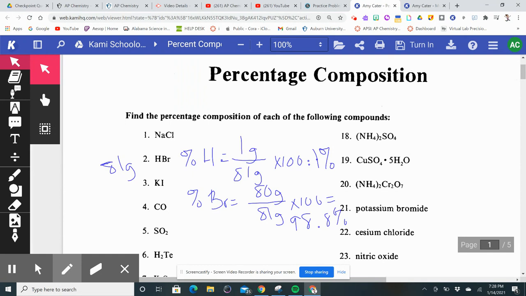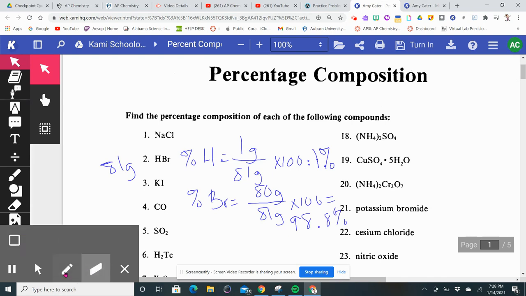Okay, and obviously both of those, when you add them back together, they should add up to close to, if not 100. They should not be over 100. And this is going to be a little bit under 100 because I rounded that to 1. It actually was like 1.2.